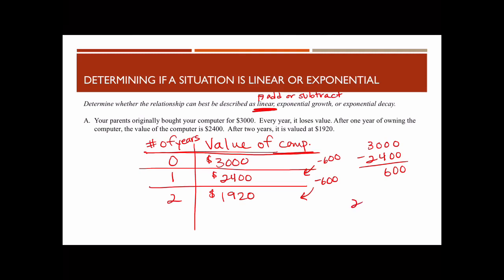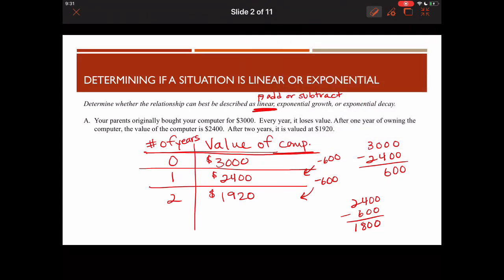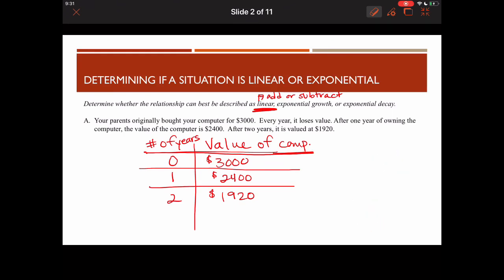But 2,400 minus 600 is 1,800, right? It's not 1,920. So that tells me that this is not linear. I can't add or subtract a constant every time to get the next value.